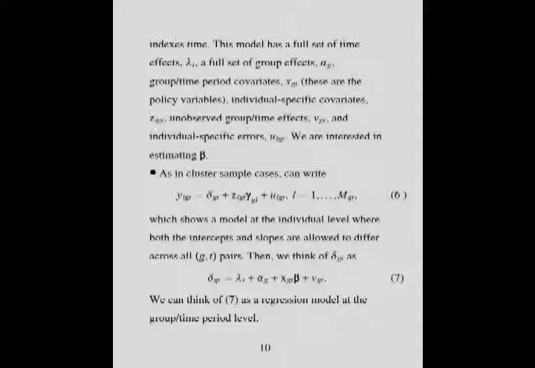As in the cluster sample case, we can write this as an individual level model where the intercepts differ across G and T. Then we can think of the intercepts as being determined by that other part of the equation, which has quantities that vary by T or G or both.